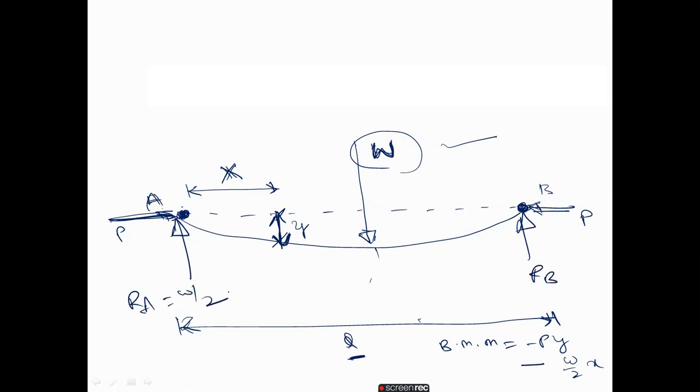So you will get RA is W by 2, RB is W by 2. Now I am taking the moment at this section. So P into y, W by 2 into x, both in the same direction. In the clockwise direction we take the negative sign. I will write again: bending moment M equals minus Py minus W by 2 into x.